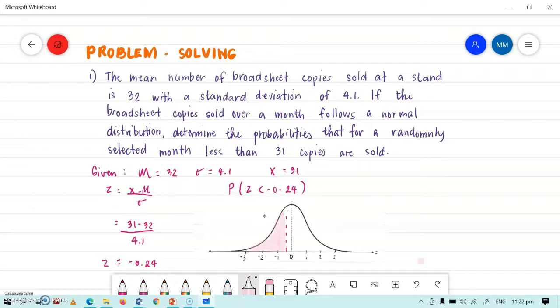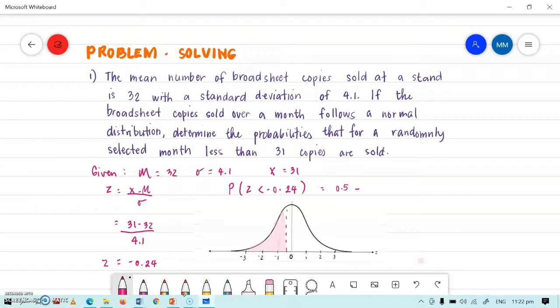Okay, so we need to find the area of that shaded region. To find it, all we need to do is subtract the area from 0 going to negative 0.24 from 0.5. So that will be equal to 0.5 minus the area from 0 to negative 0.24, and we can find that using our z table.